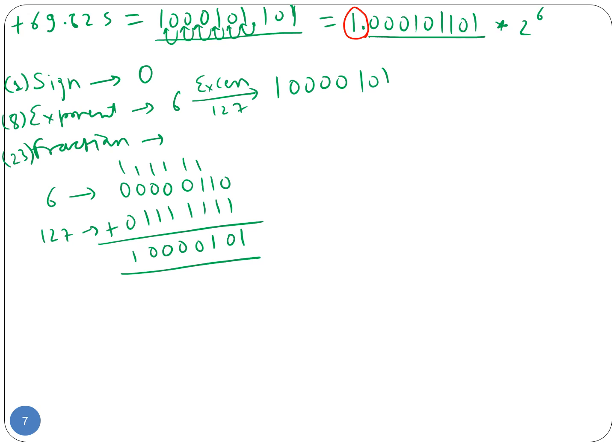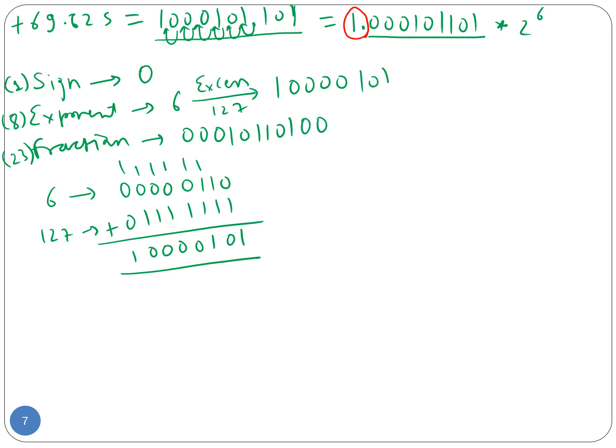Therefore the fraction here would store simply 000101101, and then we have to pad it with enough zeros so that the total number of bits is 23. So this is 9 bits, so we have to pad it with 14 zeros to the right.